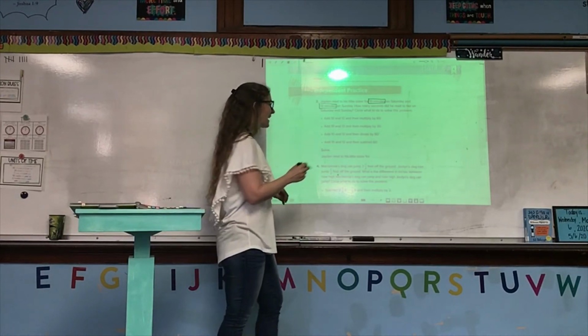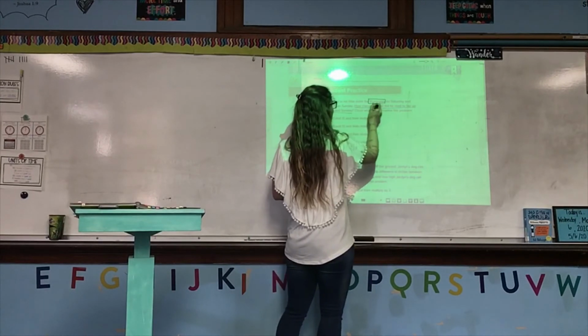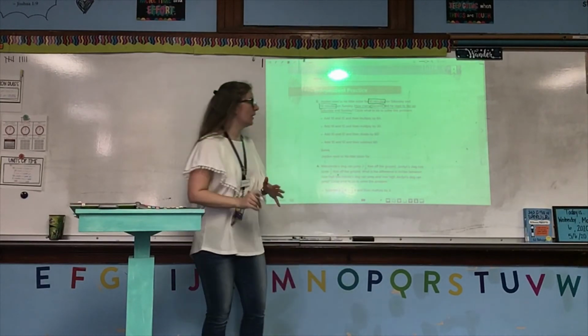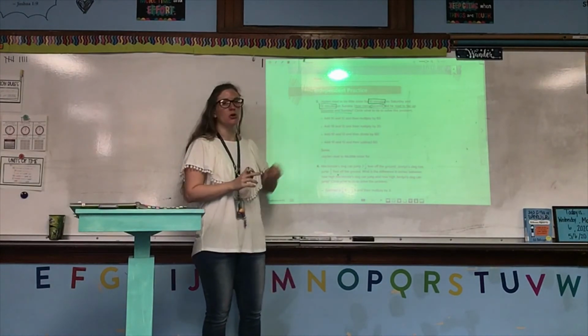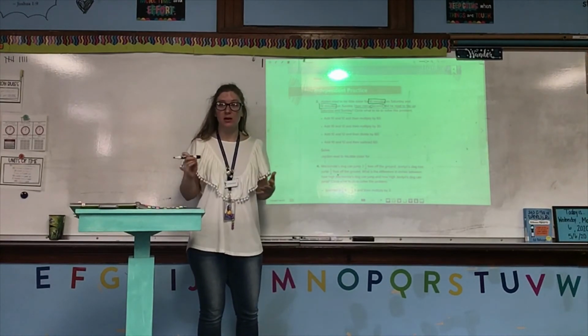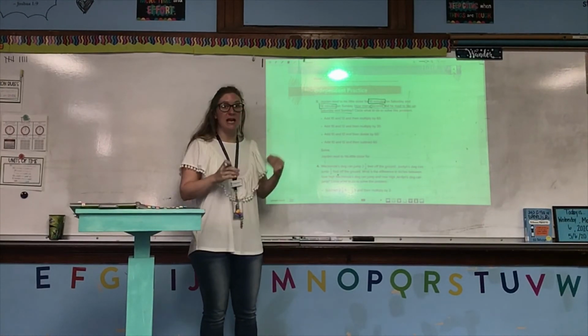How many seconds did he read to her on Saturday and Sunday? Okay, so what we know? We know 10 minutes and we know 12 minutes. Those both have the same unit, minutes.